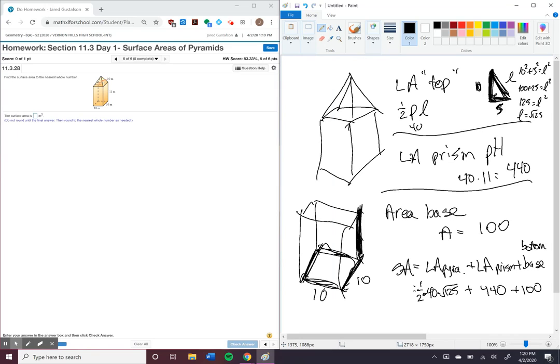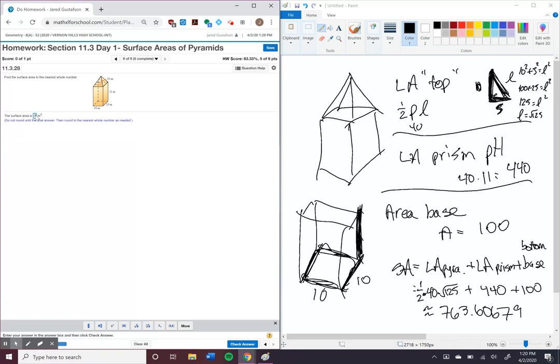I'm going to type all of that into my calculator, and let's see what I get. I get about 763.60679. And it wants us to round to the nearest whole number, so it looks like my final answer is 764.